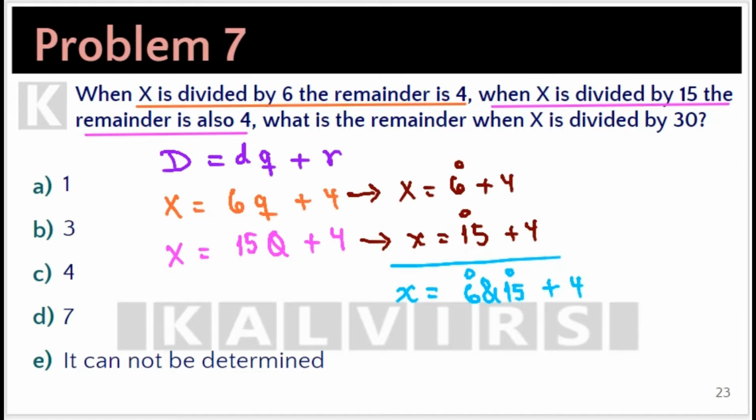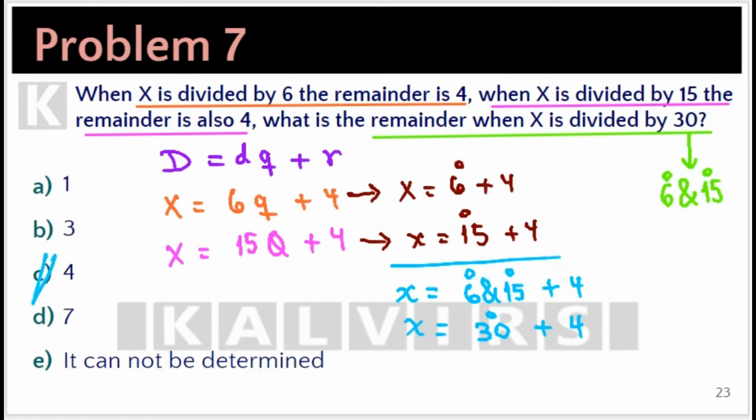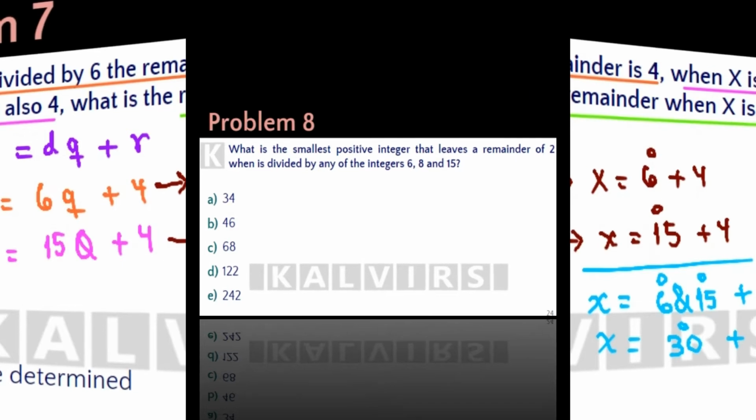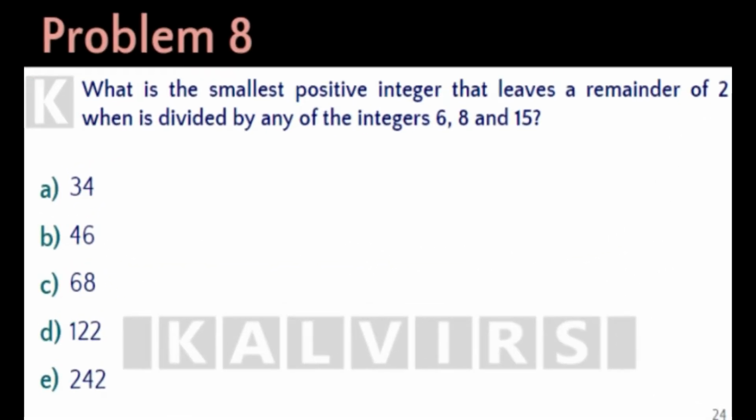We need to find the remainder when x is divided by 30. Since 30 is an integer that is a multiple of 6 and 15 at the same time, when x is divided by 30, the remainder must also be 4. Choice C is correct.